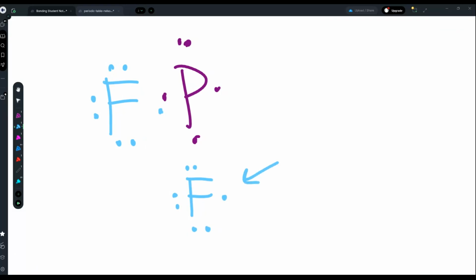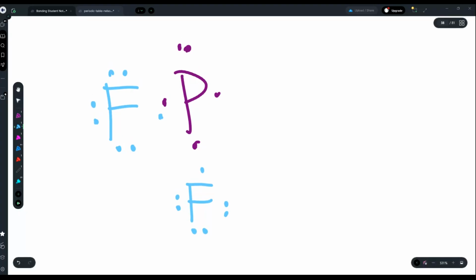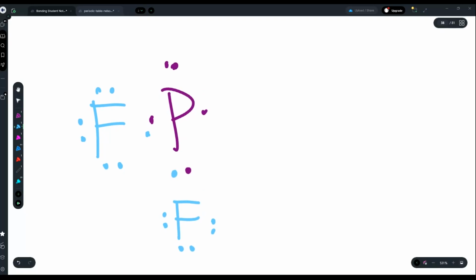Okay, so I just need to start drawing my dots on a different side. I believe I started up on the top, so let's just try this. 7. There we go. And I'm going to scooch this dot just a little bit closer to the one on phosphorus here. So let's just scooch these. Boop, and then boop.